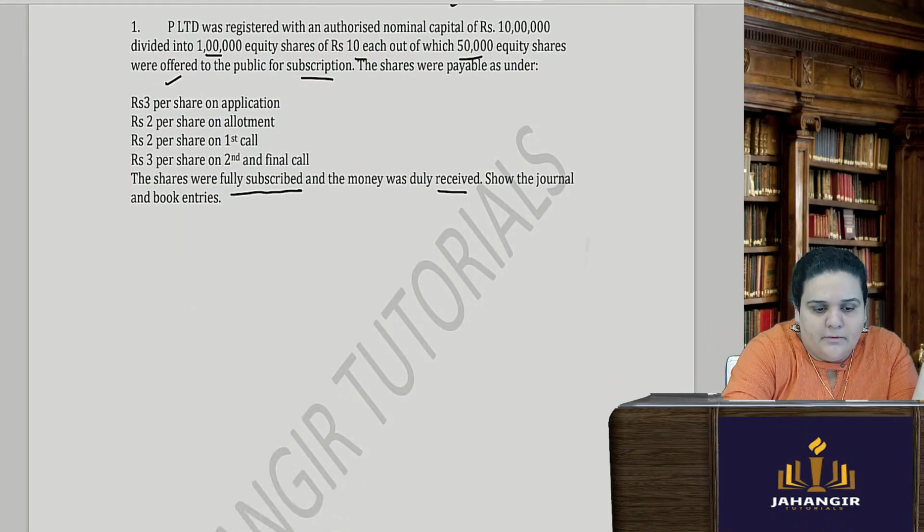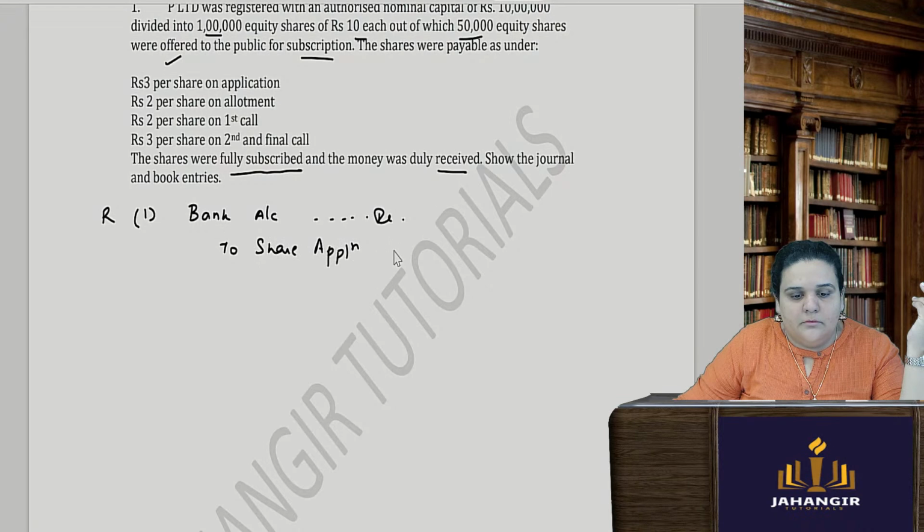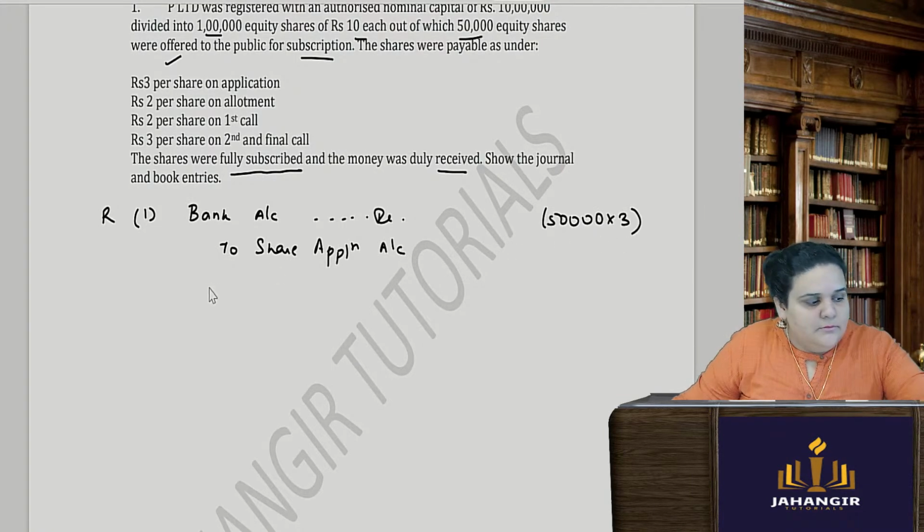Okay, so simple. Immediately I will start with my application stage. The first one, receipt entry. Okay, bank account debit to share application. It is just a quick revision. I want to solve this sum fast. 50,000 into 3 rupees, so you have to just do it over here, 1,50,000.